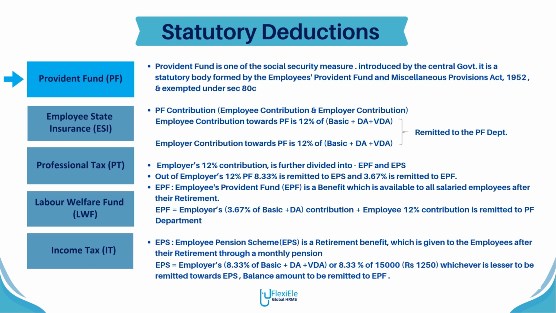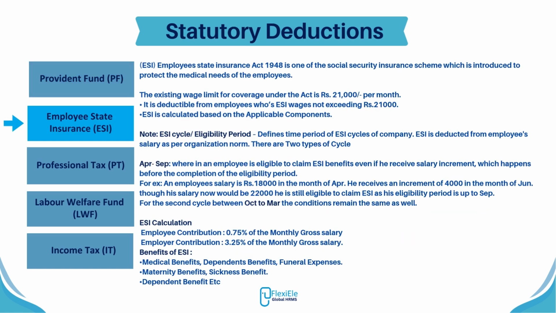When the salary gets processed, a few important deductions are made to cover benefits and legal contributions. One of these is employee state insurance. Think of ESI as a social safety net. It's there to support your medical needs and other essentials, just in case life throws a curveball. Now, not everyone gets covered under ESI.